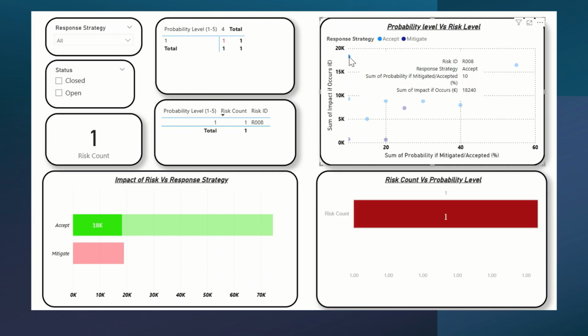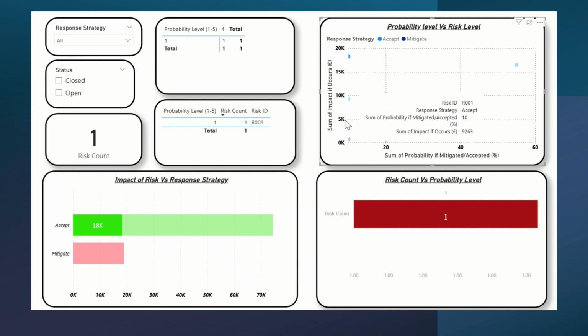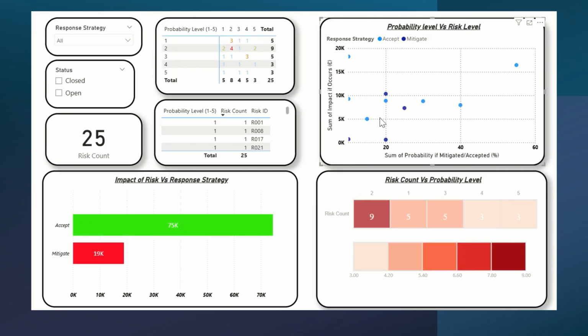It's an accept, and it's risk number 8. But it has a probability mitigated up to 10, so it's one to take into account because it's a really high risk in terms of impact in money or cash, but it has a lower probability of occurring in the business.